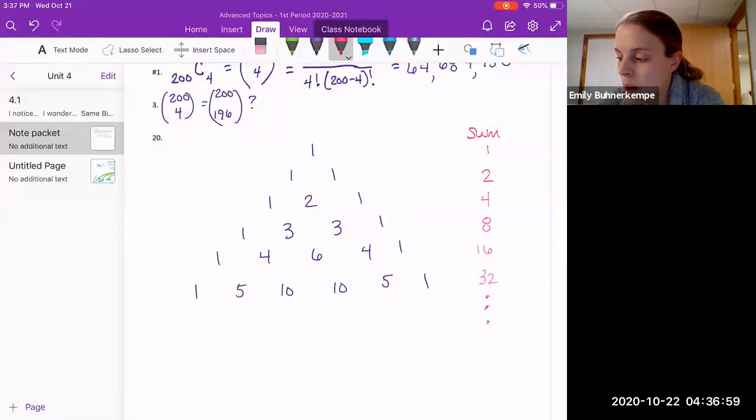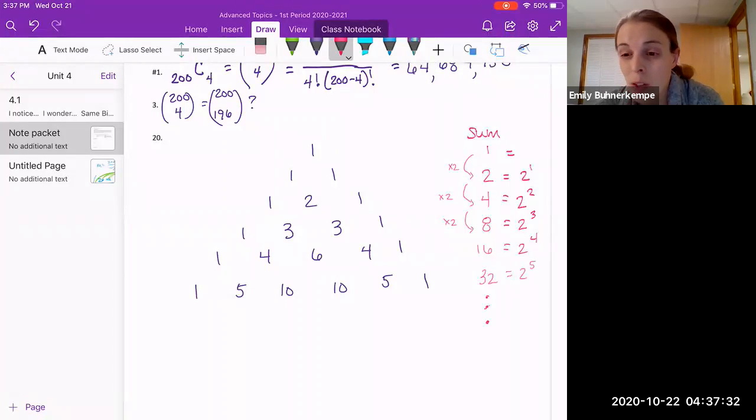So hopefully some of you are able to see the pattern here. You'll notice from each line to the next, you're doubling. So we could write this as exponential with base 2. So in other words, this is 2 to the first, 2 squared, 2 cubed, 2 to the fourth, 2 to the fifth, and then that first row 0 of Pascal's triangle we could write as 2 to the 0 power.